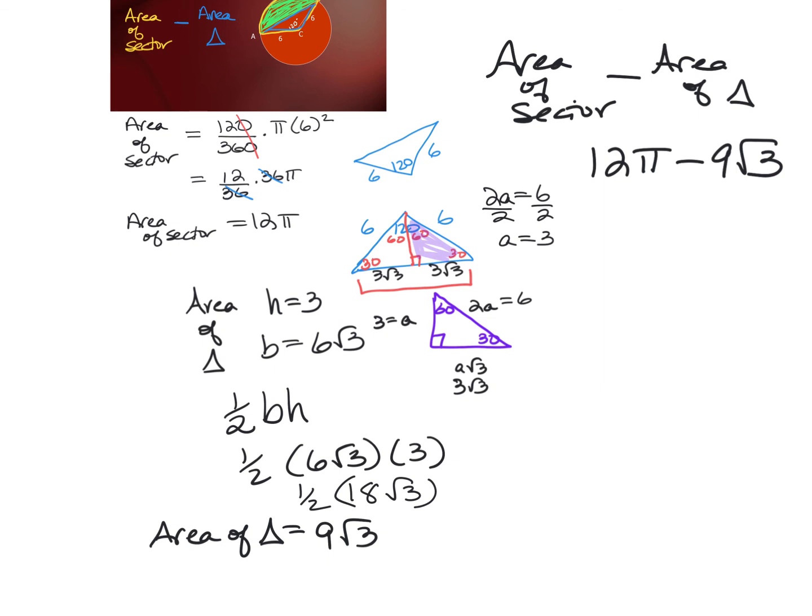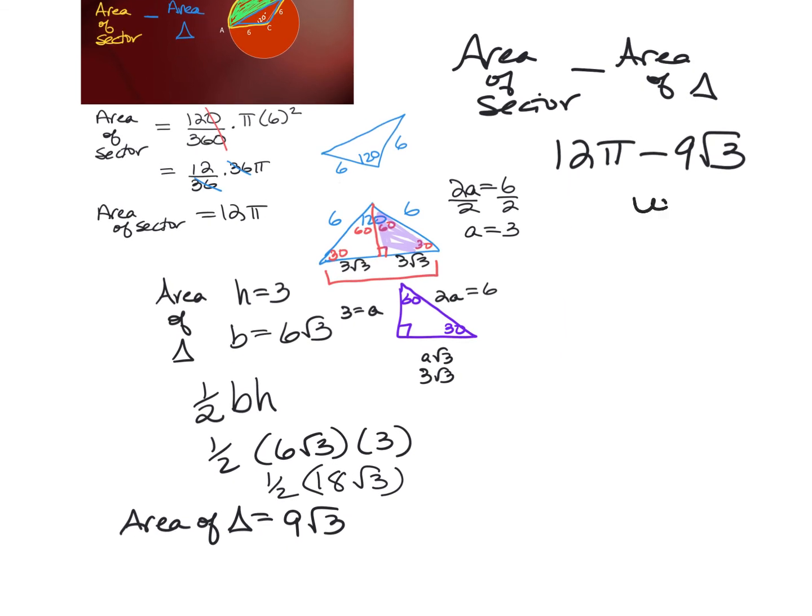There were no units labeled, so this is going to be units squared. It said to leave it in terms of pi. So you would leave it in simplest radical form and also leave the pi. So this would be the final answer in terms of pi.